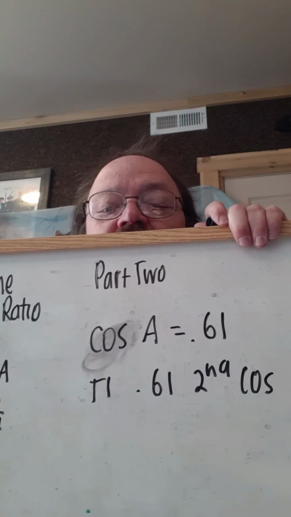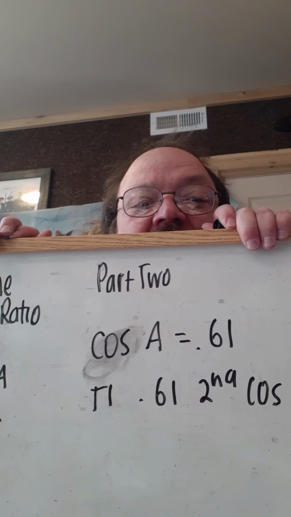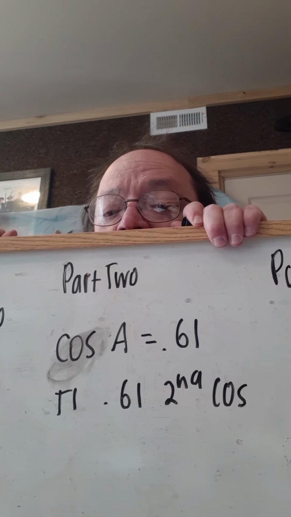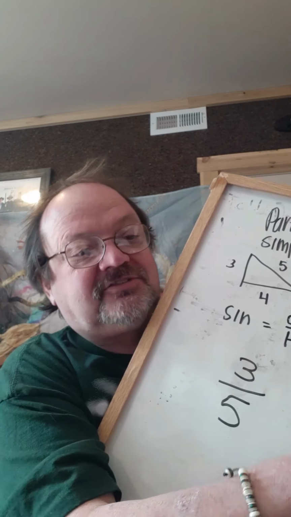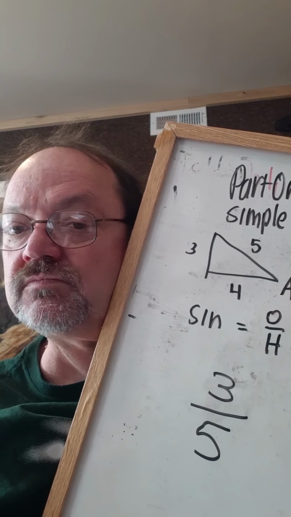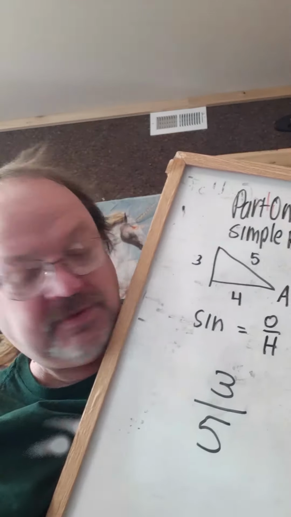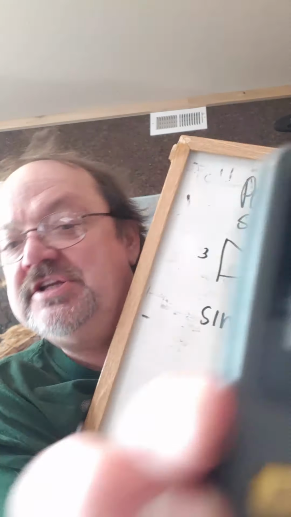Now in part 2, we're going to do exactly what we did on the last half of Thursday's assignment, and that is where we have a cosine. With your Texas Instruments, what you would hit is 0.61, then you would hit second function and cosine, and you should get 52.4.